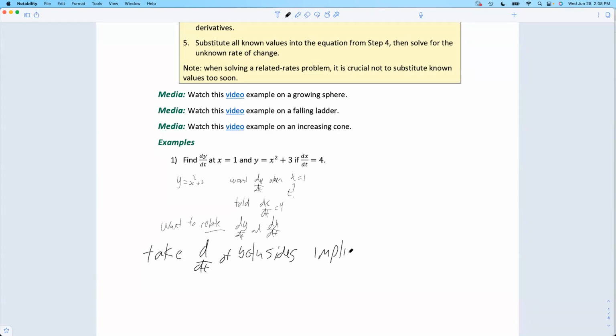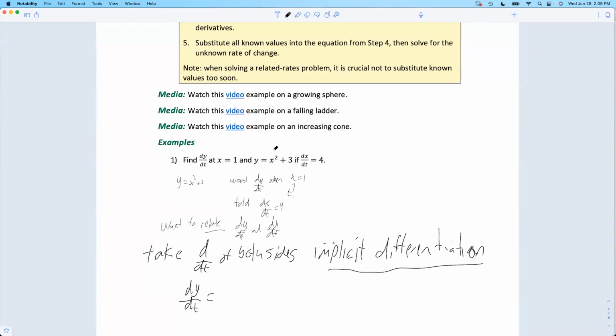Implicitly, we're using implicit differentiation. Okay, so taking the derivative of y with respect to t is dy dt. And I'm not going to use any prime notation here. I'm going to do this all with Leibniz notation.